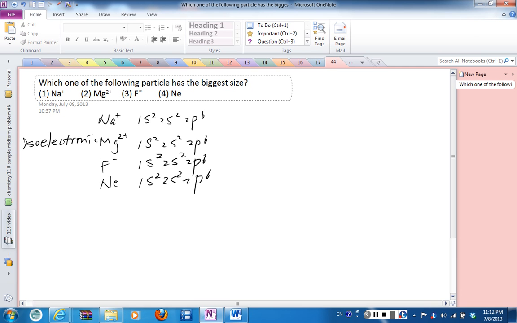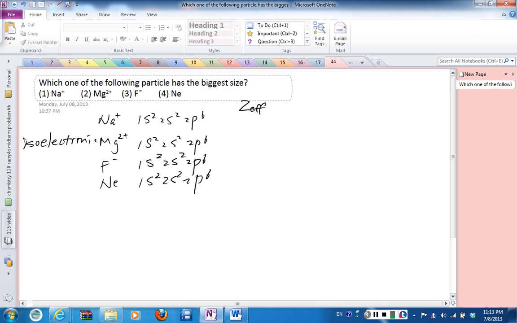After all, that's what's holding the electrons together. That's what's holding the atom together. Well, but who's attracting it harder? To be able to answer that, we need to have our, instead of atomic number, effective nuclear charge.